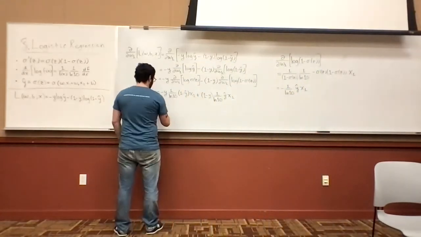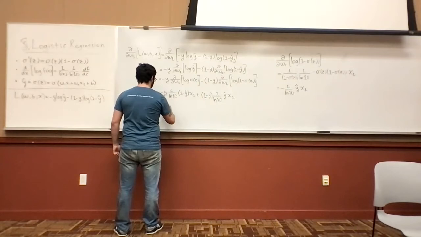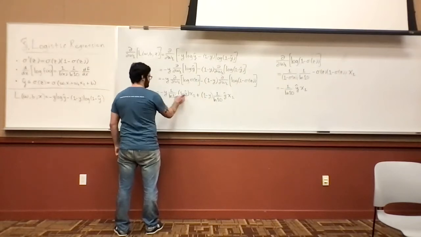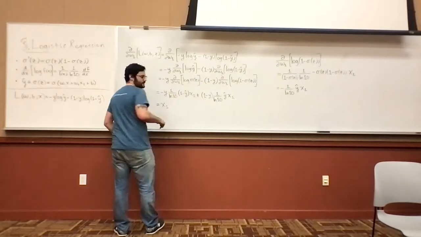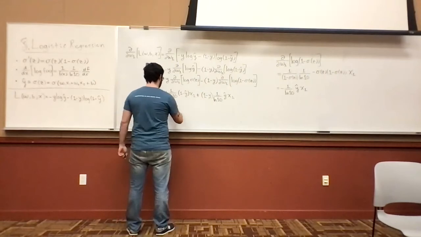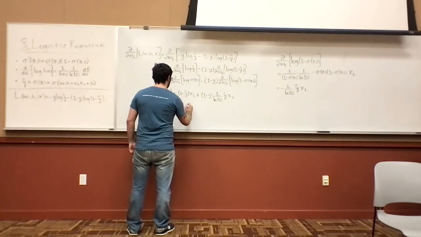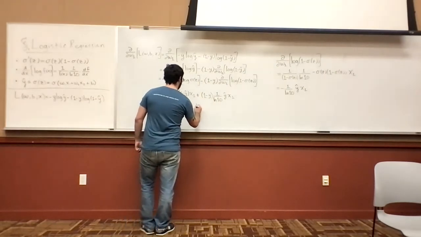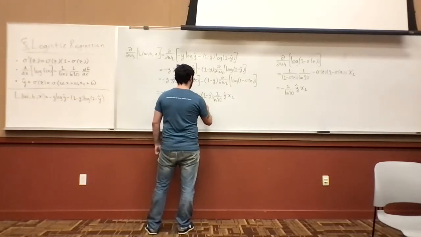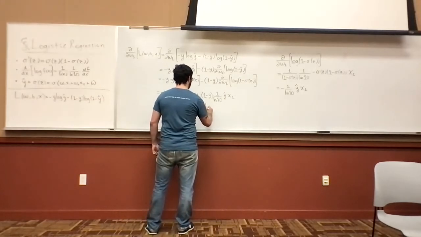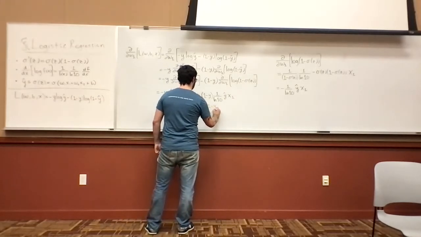So then I'm going to factor out that x1 after I drop those natural logs out, just because we don't care. And then what do I have on the inside? I have minus y times 1 minus y hat plus y hat times 1 minus y.